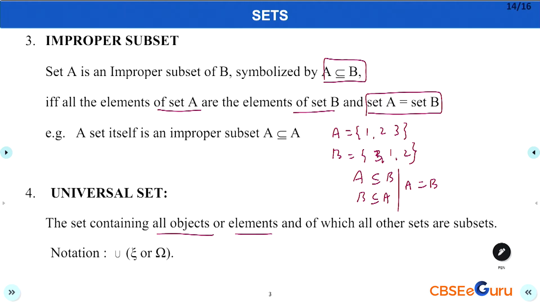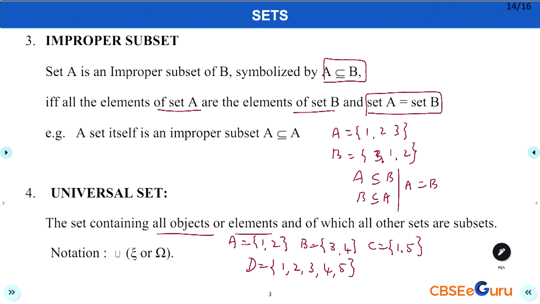For example, A equal to {1, 2}, B equal to {3, 4}, C equal to {1, 5}, D equal to {1, 2, 3, 4, 5}.